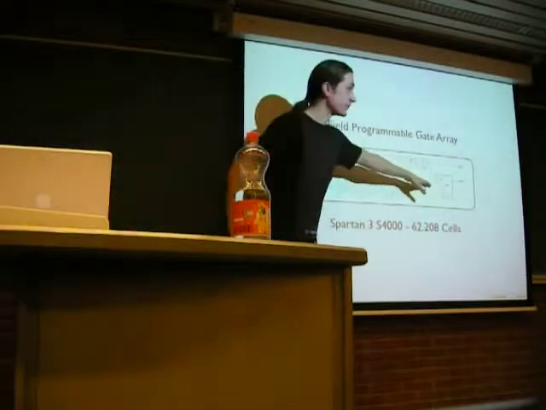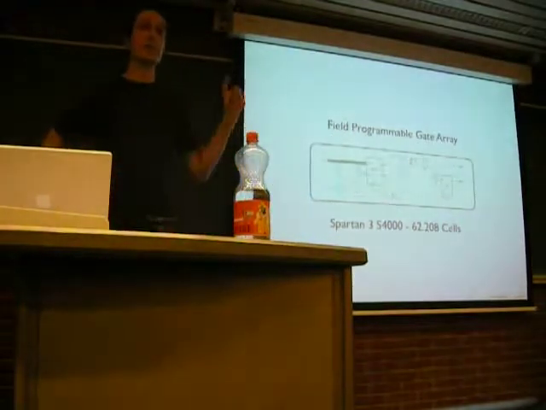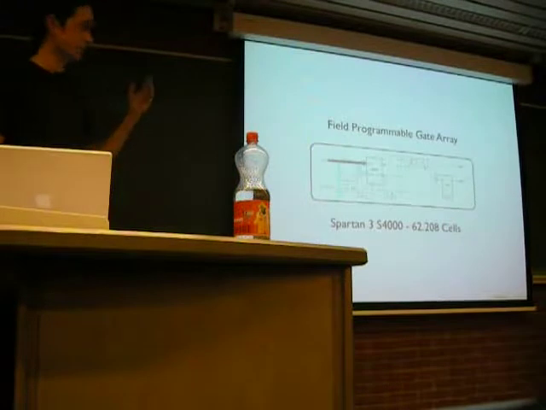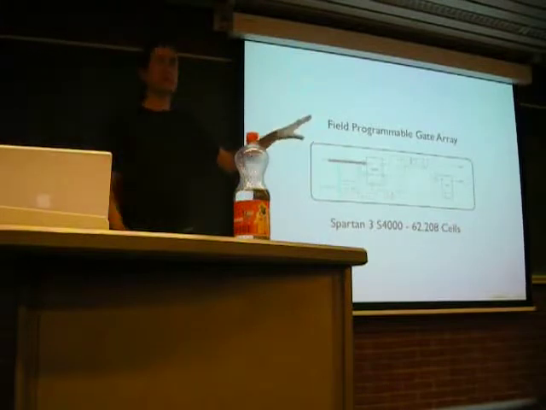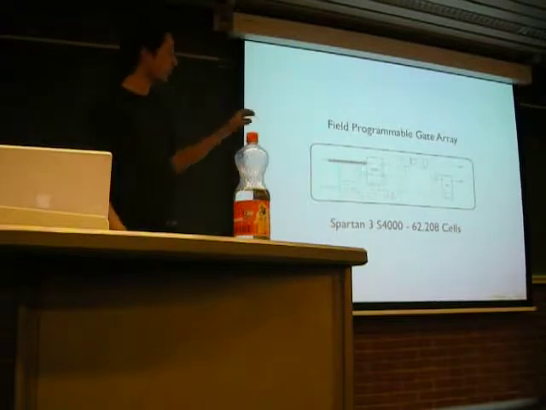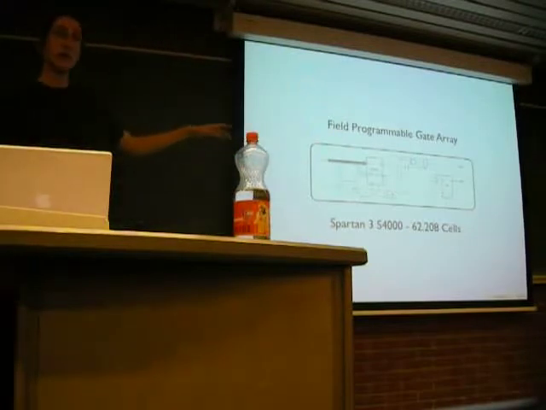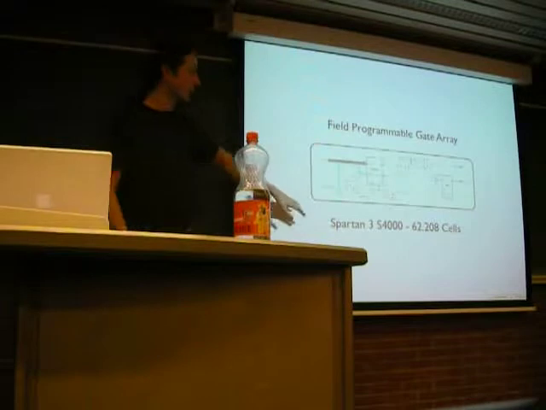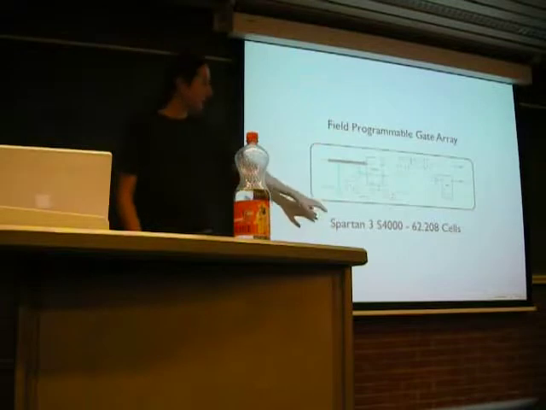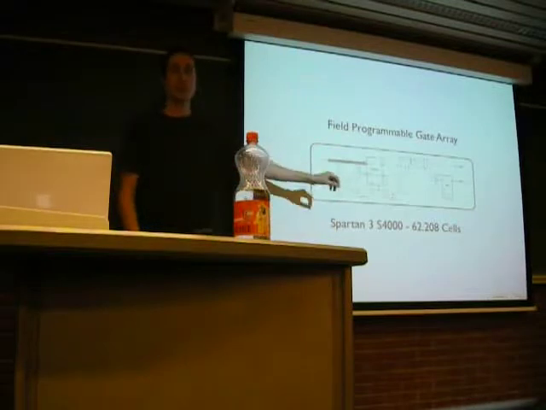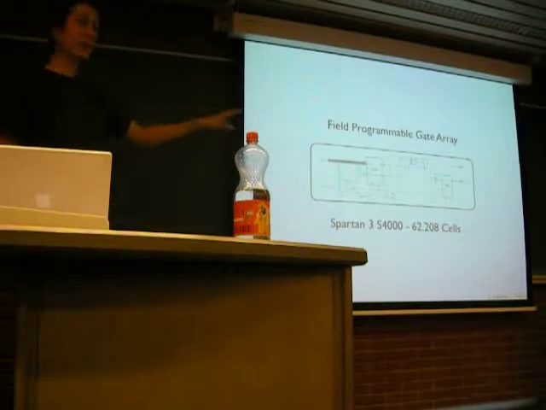The other part is a flip-flop, which can simply remember a bit. There's some other logic around it, but that's not really interesting at the moment. The interesting bit is that this is a cell, really, and a Spartan 3 S4000, which is a Xilinx FPGA, has about 62,000. And this is one bit you can program.